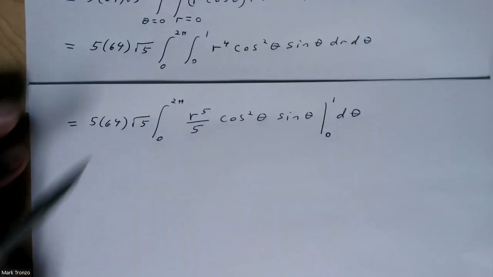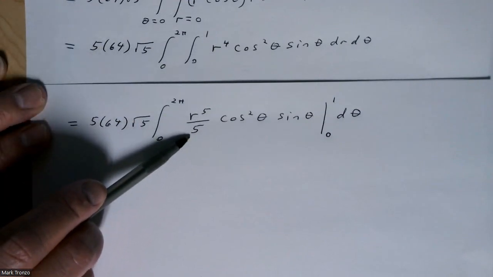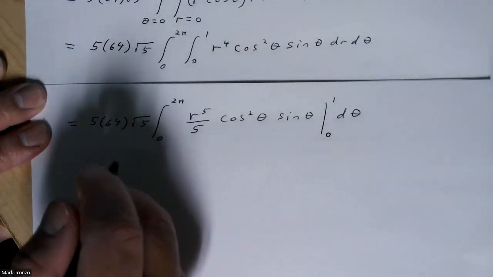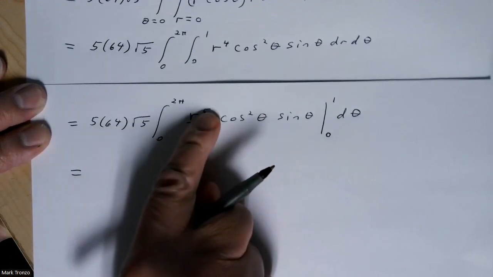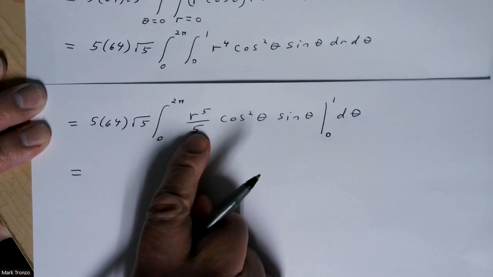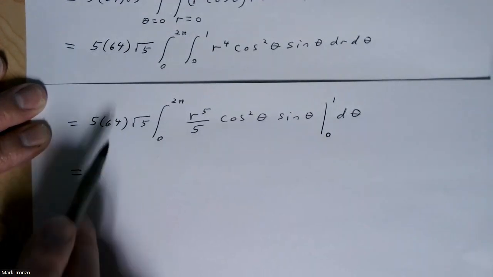So I integrated with respect to r here. It'll be r to the 5th divided by 5. Then if we evaluate the upper bound, it is going to give us 1 to the 5th, which is just 1 divided by 5. And that'll be nice. We can just cancel that 5.